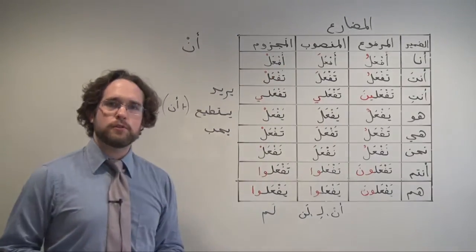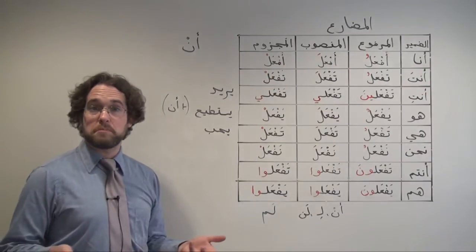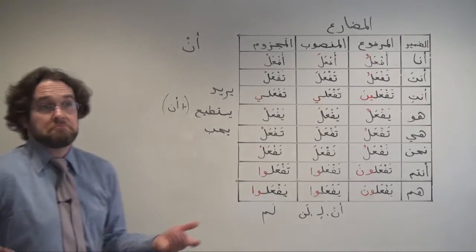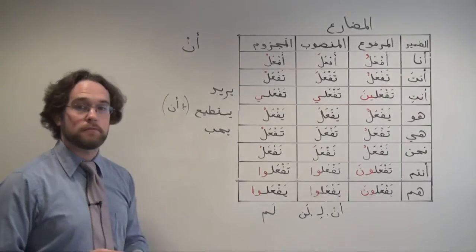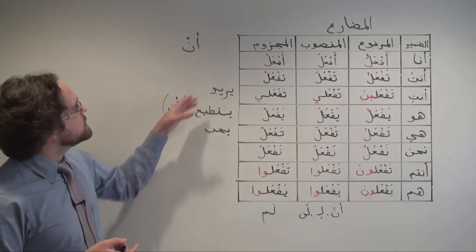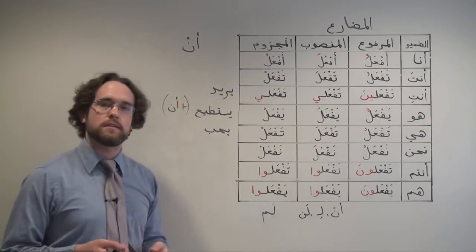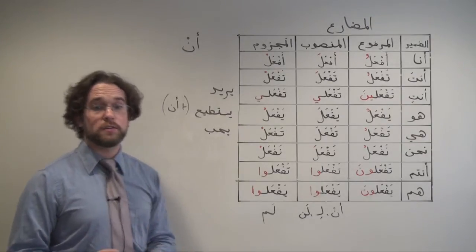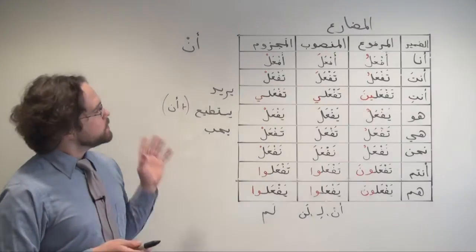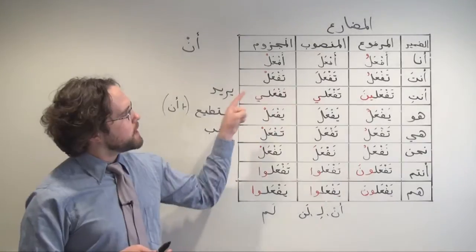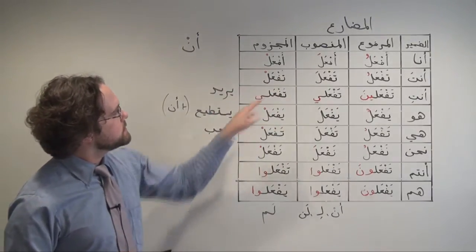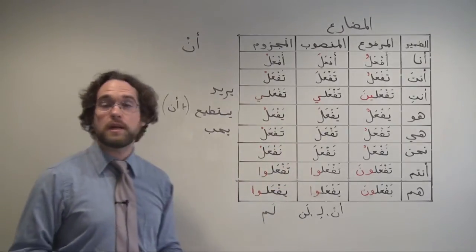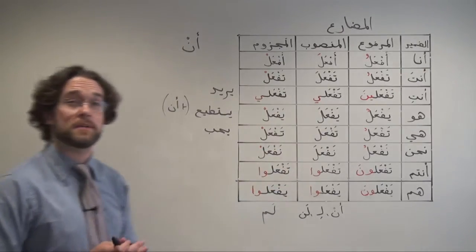Al-mansub is actually referred to in some textbooks describing Arabic as the subjunctive version of a verb, because it is often used in structures like this that express possibility or actions that haven't yet occurred, things like that. Once again, yaf'al, we can apply this template of mansub and the endings of al-mudari' al-mansub to any other verb that we like. So let's take a look at some examples.